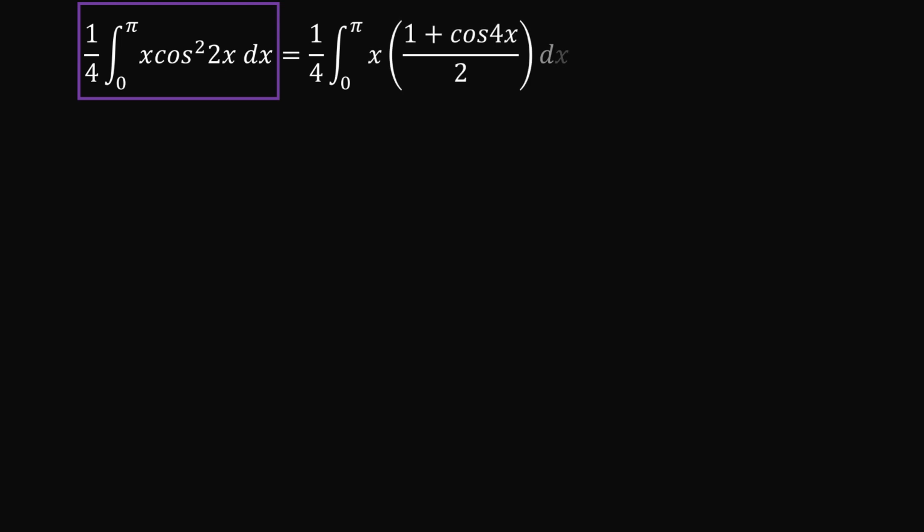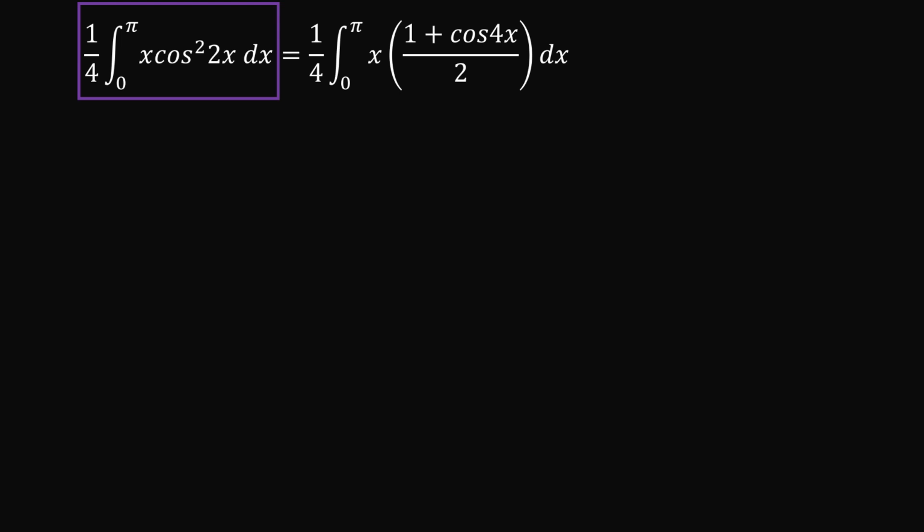Now going on to the purple integral, we have to express this cosine squared 2x as an expression that does not involve powers. So we have x, and again using the expression cosine 4x equals 2 cosine squared 2x minus 1, making cosine squared 2x the subject, results in what we have here.